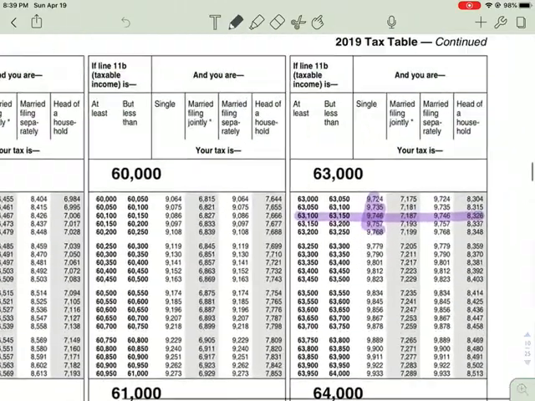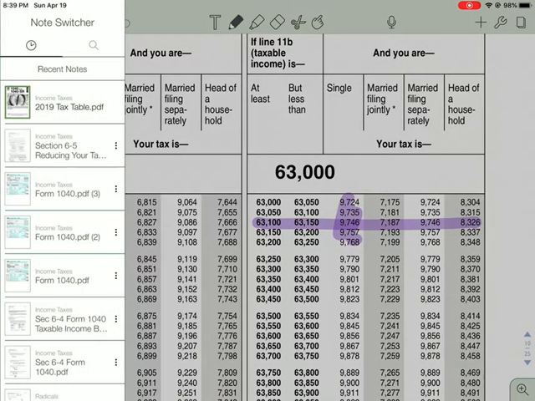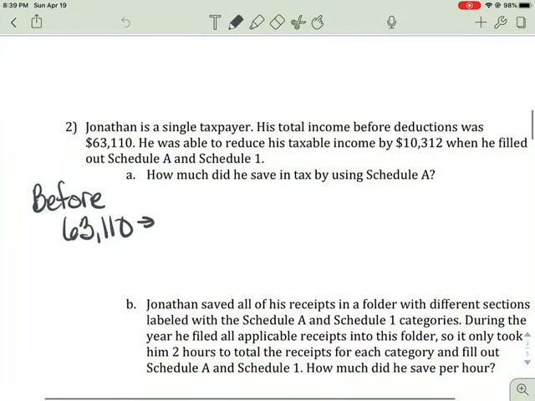He was single, so 9,746. Okay, so that's how much tax he would have paid before doing his deductions.